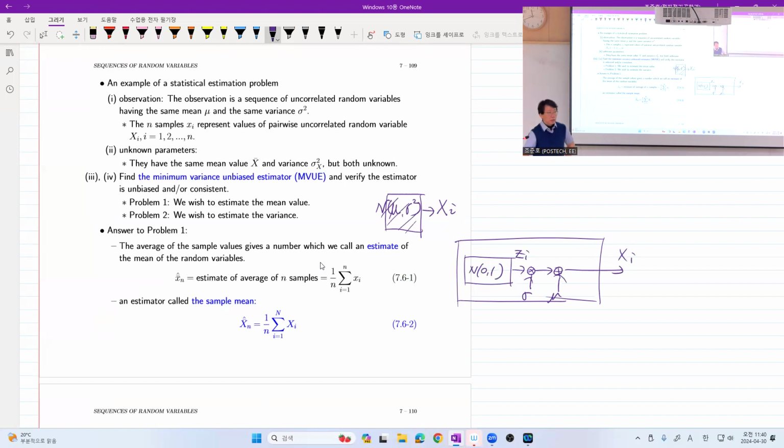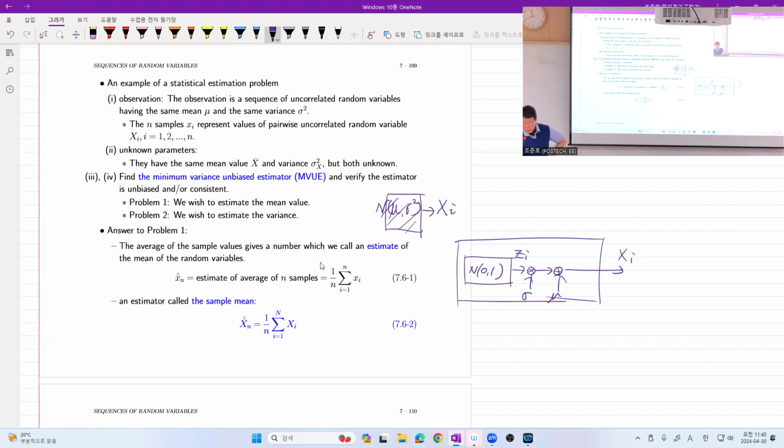Then you can easily understand that I really want to find these two values in this system. Mu can be any real number, sigma can be any non-negative number, so you have uncountably infinite combinations. Got it?